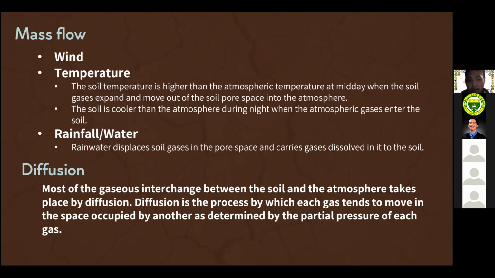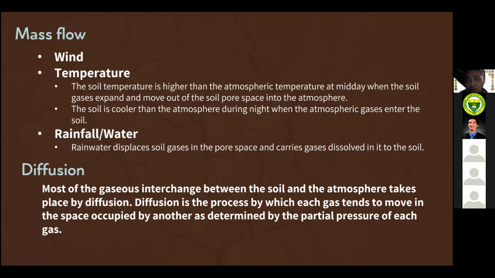Then rainfall. So rainwater displaces soil gases in the pore space and carries gases which are dissolved in it to the soil. So yung pore space natin or yung soil air natin, once na nagkaroon ng rainfall or umulan, yung water magpe-penetrate dun sa pore space.